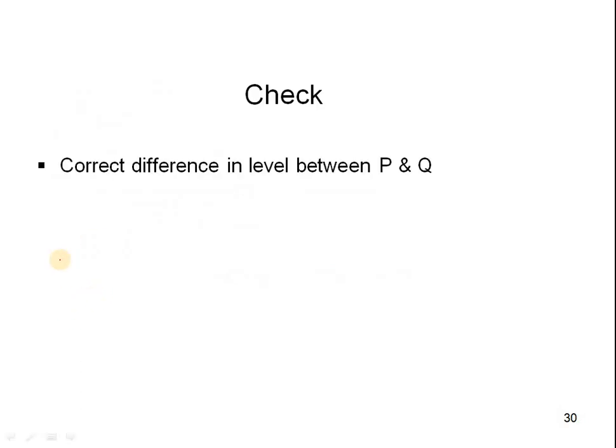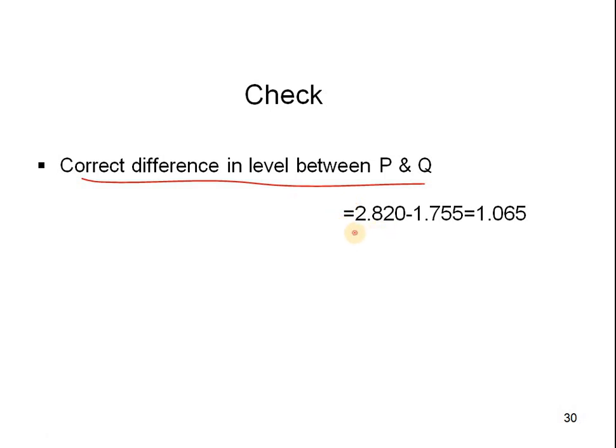Now check the correct difference of level between P and Q. This is 2.820 minus 1.755, equal to 1.065, which is the answer.